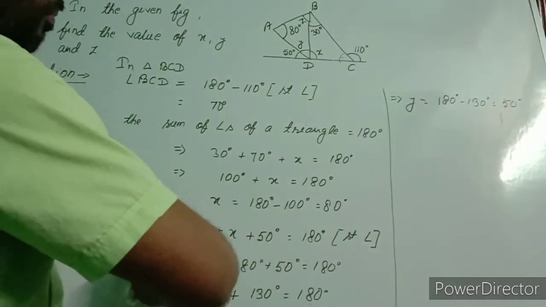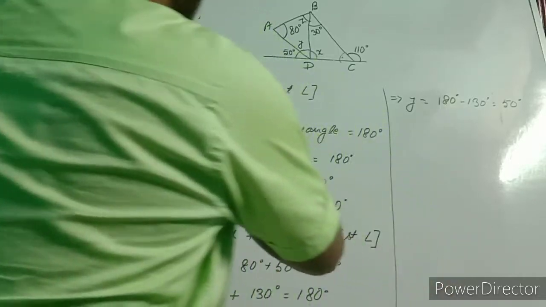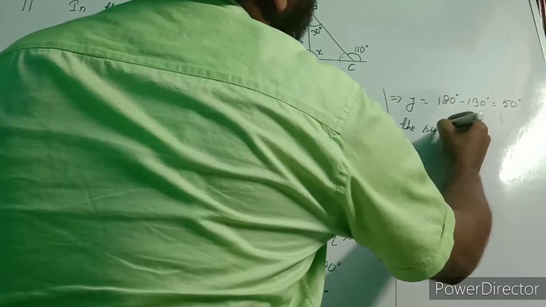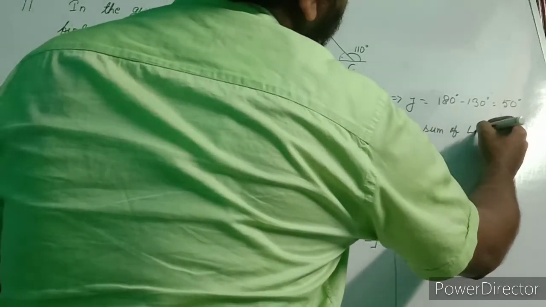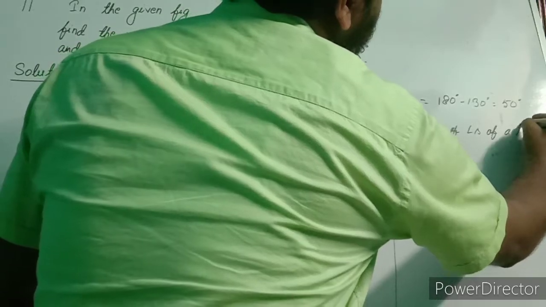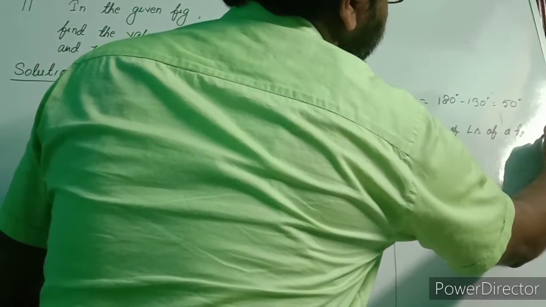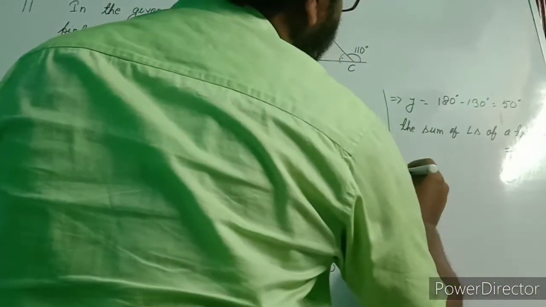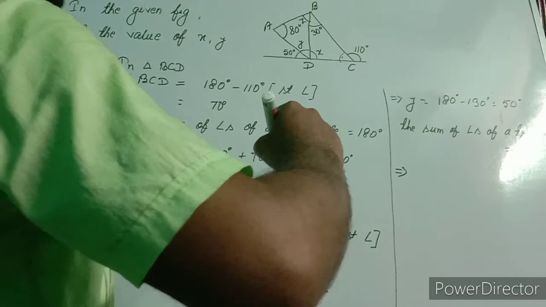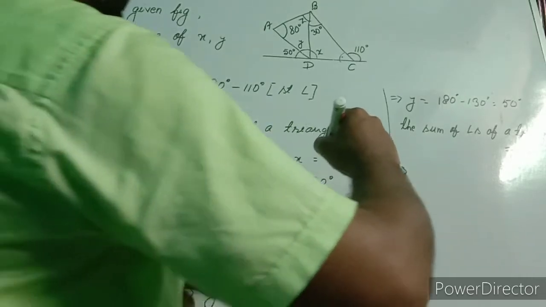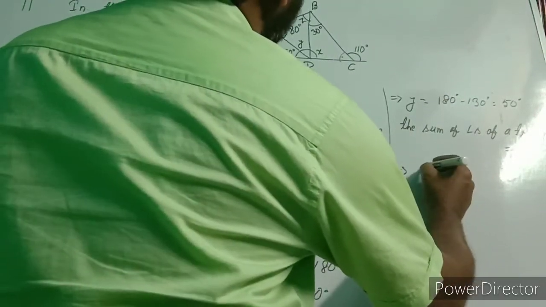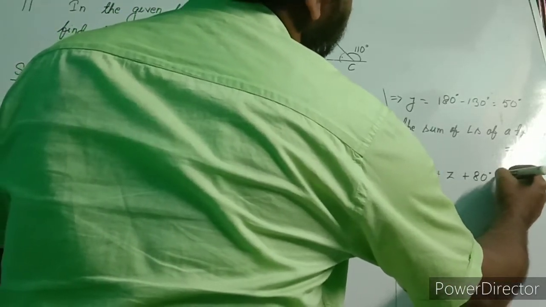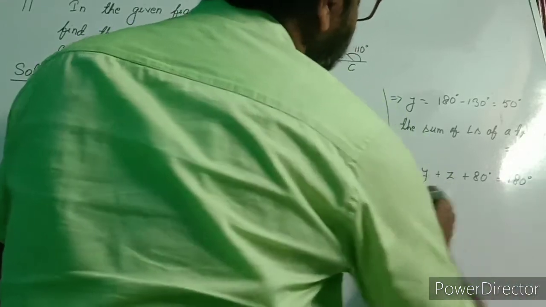In triangle ABD, again the sum of angles of a triangle equal to 180 degree. For that we can say y plus z plus 80 degree equal to 180 degree.